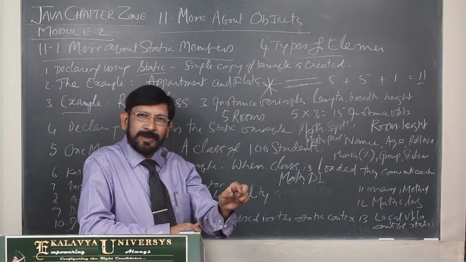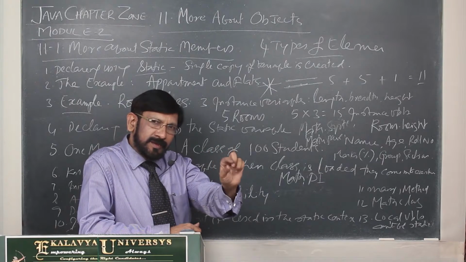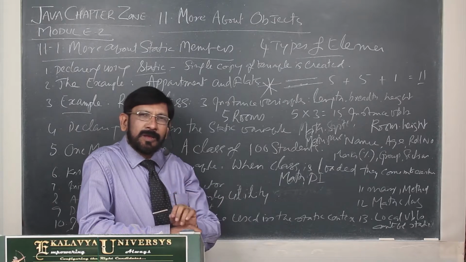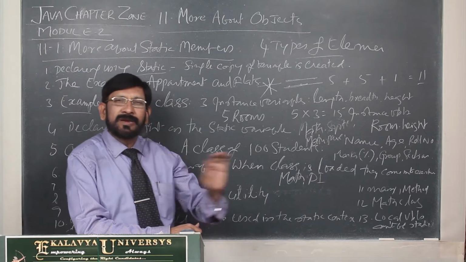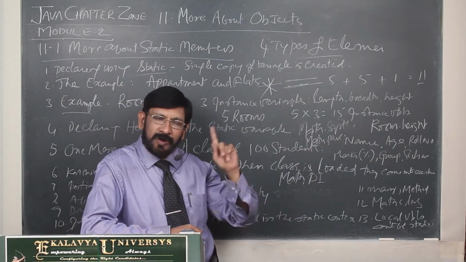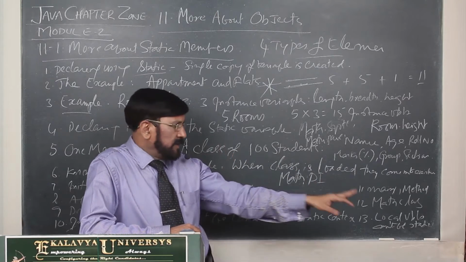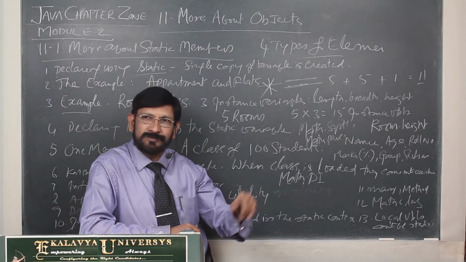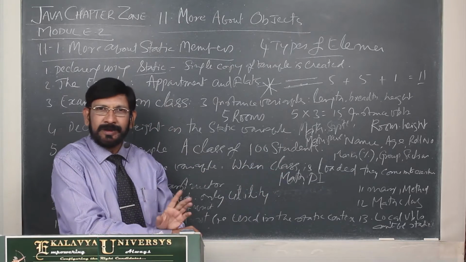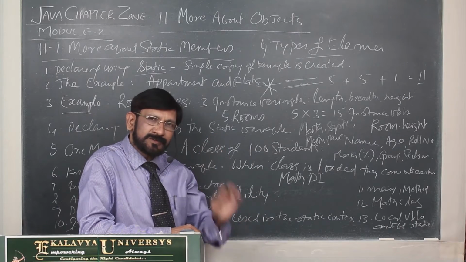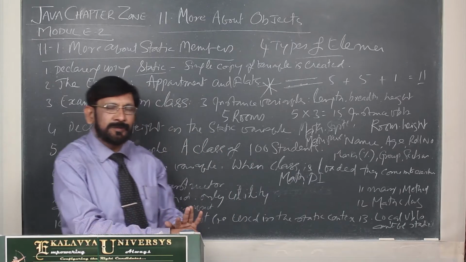So, for storing them, we create one or more variables. Those are called local variables. Such variables should not be declared as static. That point always remember. And if you want, you can declare them as final, nothing wrong, because it may be a constant. But a local variable should not be declared as static. That point also remember.